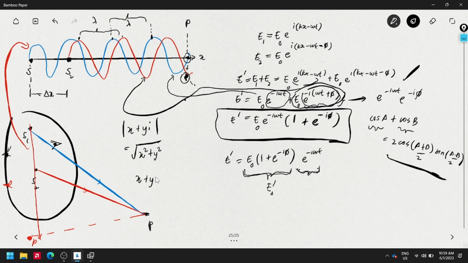The conjugate of this one is given by x minus yi. Or if I have my exponential form, for example, e^(minus i phi), the conjugate of this is given by e^(i phi). That's the mathematical formula. I won't dig into that, so you just need to remember this, okay?